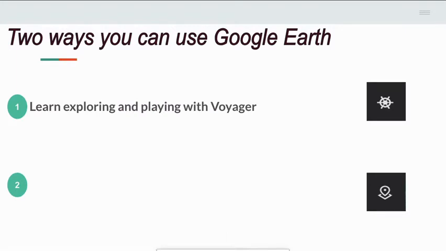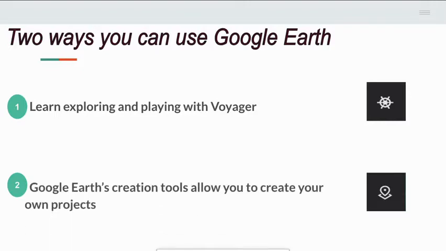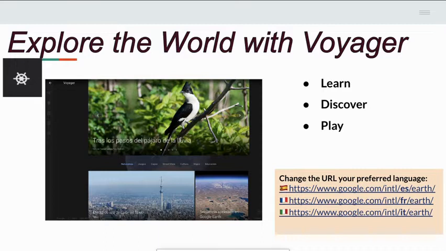The second option is using projects, because you can create your own project, your own map, your own guided tour, and that gives you and your students a lot of options for personalization and clearly motivates them as well.